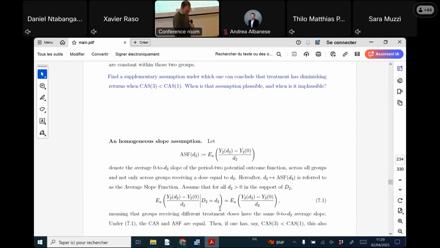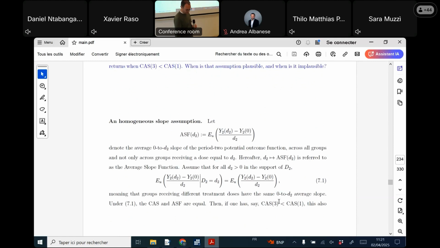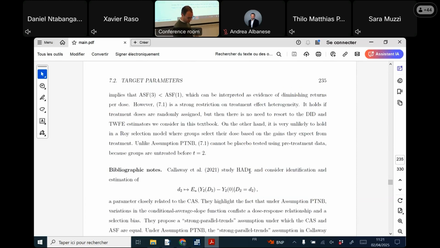And then if we assume that, irrespective of the dose that they actually received, people that get 1 dose, people that get 2 doses, etc., for instance, if we assume that the people that get 1 and 2 doses have the same average effect of receiving 1 dose, and the same average effect of receiving 2 doses, which is the assumption I'm stating here, then we can interpret variation in the conditional average slope function as telling us whether the treatment has decreasing, increasing, or constant returns. But that's only at the expense of making this assumption.